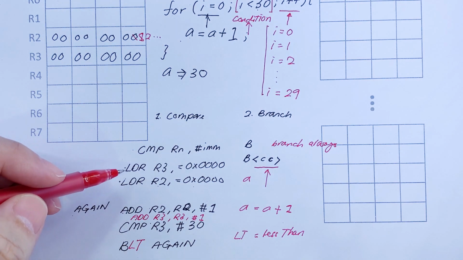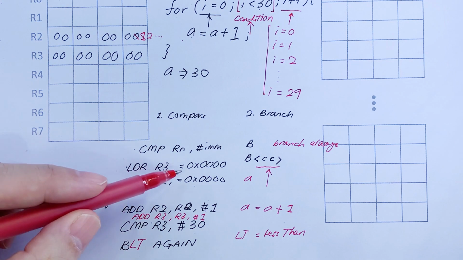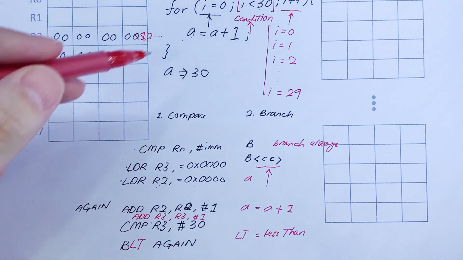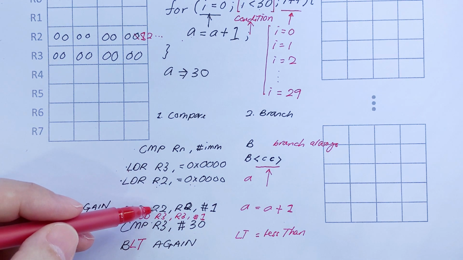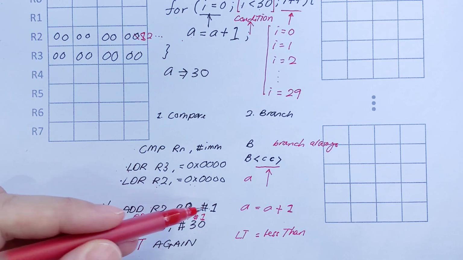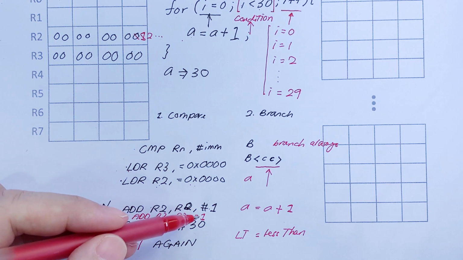So if you read the code once again, we start I or R3 with 0, and we start R2 or our A with 0. So we're going to add R2 with 1, and we're going to increase our I or our R3 by 1.